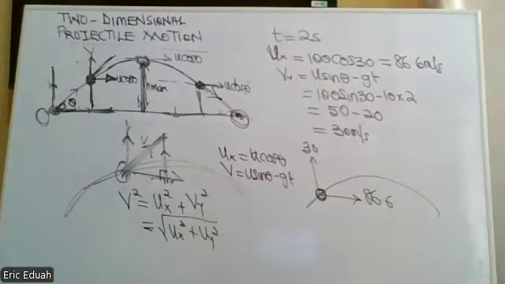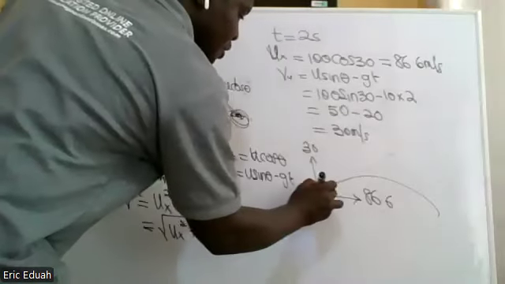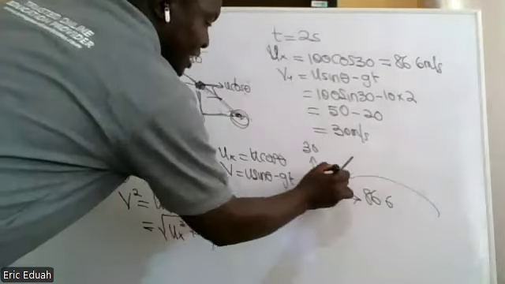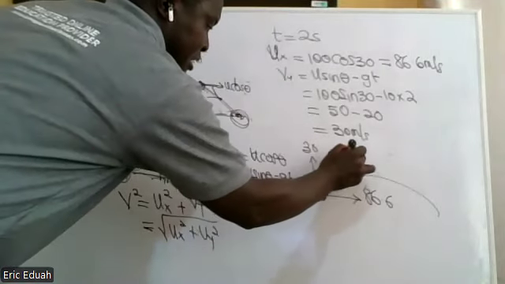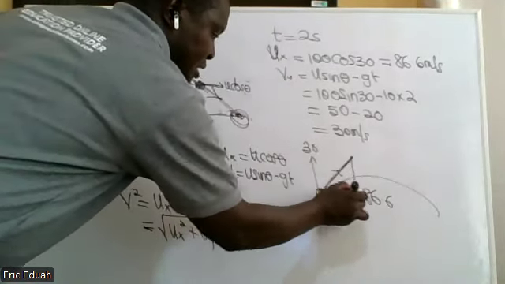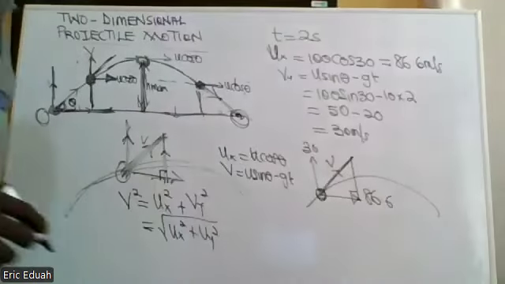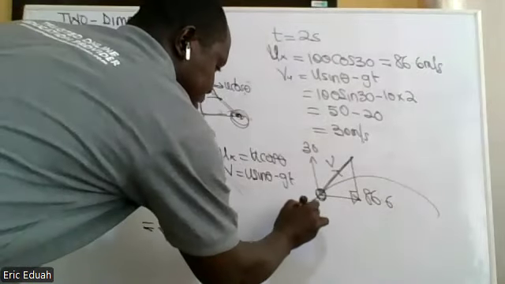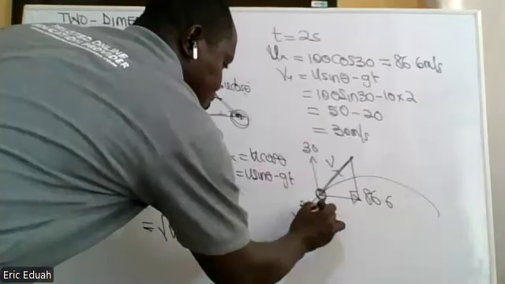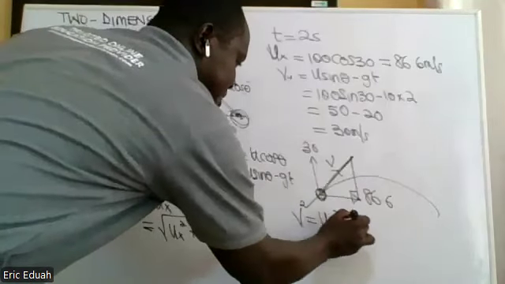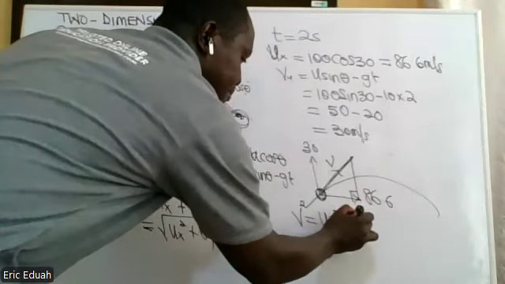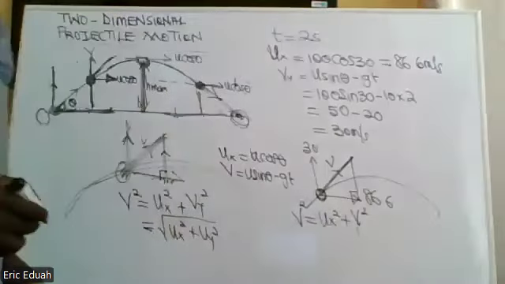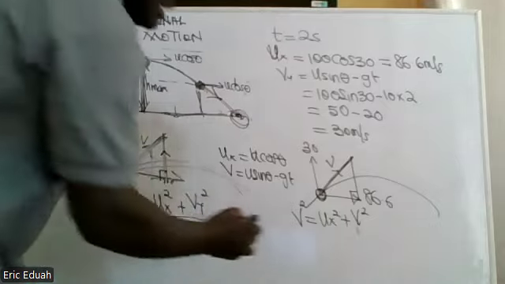So if you want the resultant velocity, then you should use Pythagoras theorem, and that will be v. Okay, so using Pythagoras theorem, v squared would be equal to ux squared plus vy squared, and we found ux.